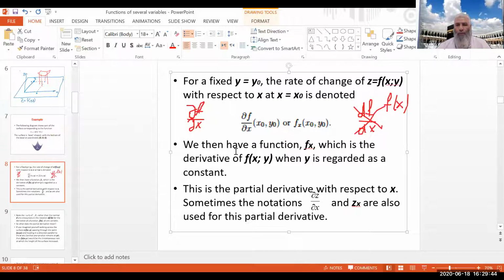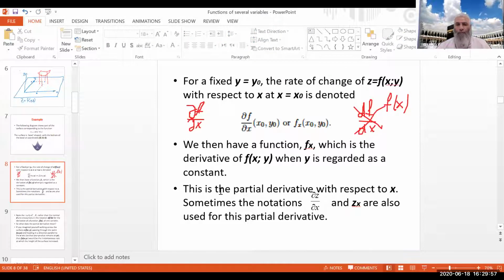We then have a function f of x, which is a derivative of f of x and y when y is regarded as a constant. This is the partial derivative with respect to x. Sometimes the notations dz/dx and z sub x are also used for this partial derivative.